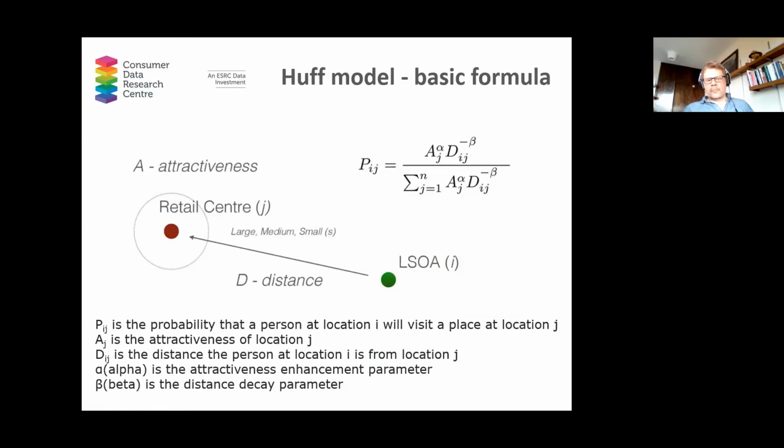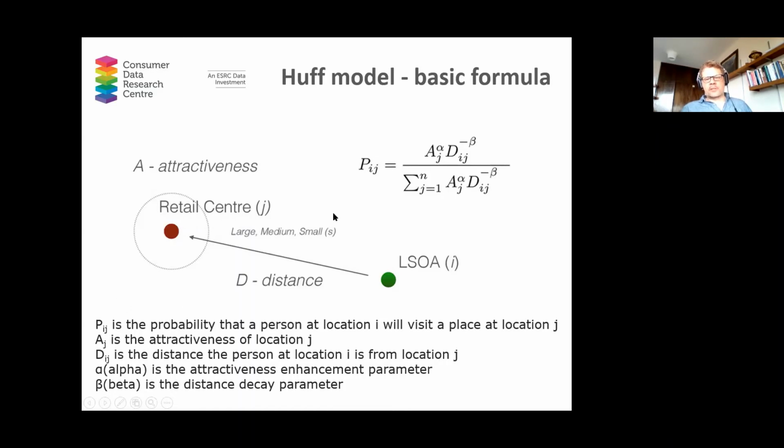Right. So let's have a quick look at the actual Huff model, because you are going to use that in the practical exercise. So this is the formula for the model. Let me explain it to you. What we calculate here is the Huff probability, P, which is the probability that a person living in a particular location, in our case LSOAs, will shop at the place J, a retail center in our case.